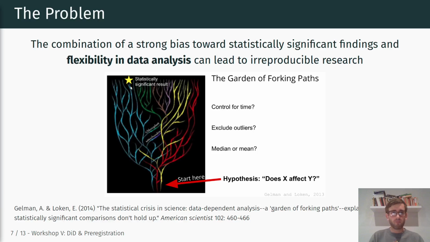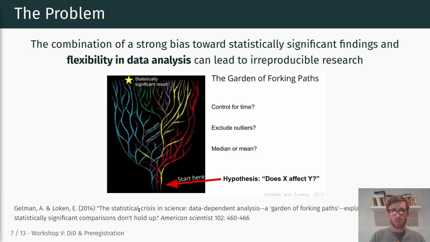Okay, this is a great article that summarizes this argument of the garden of forking paths as researchers' degrees of freedom in making decisions as to how to analyze data, how to look at different subsets, and so on.